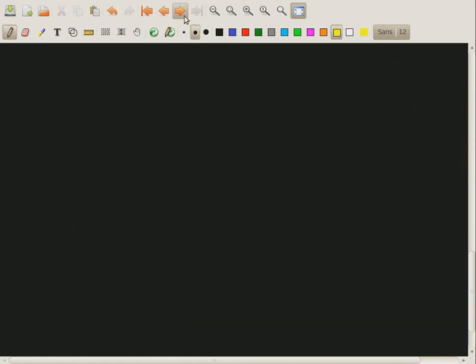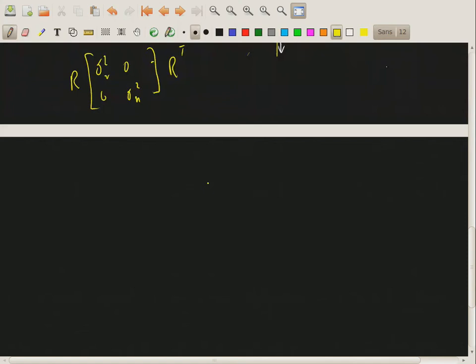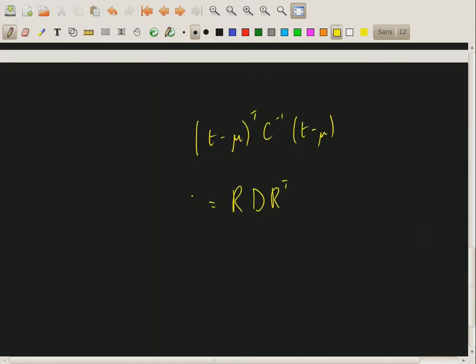Why does that come out? Well, if you look at these quadratic forms, which keep appearing everywhere, you've got things in this form, t minus mu, C inverse, t minus mu. Now the cool thing about that representation for C, I'm just going to call this thing in the middle D, this diagonal matrix, that's C. C inverse is just given by R D inverse R transpose.